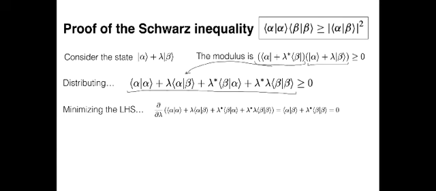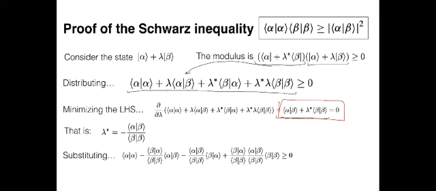So we take the first derivative of this, which is simply going to be equal to <alpha|beta> plus lambda star <beta|beta>. And since we minimize, this is equal to 0. So we impose the derivative to be 0. In other words, lambda star must be equal to minus <alpha|beta> over <beta|beta>, which is coming from this term right here. Okay, so now we plug lambda star back into the initial equation.